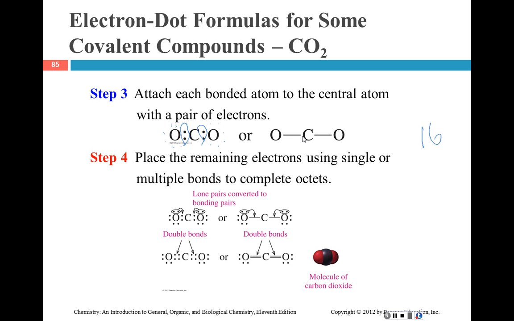Now, there's a problem, because carbon does not have 8, it only has 4. So what you have to do is bring a shared pair from each of these oxygens over so that you can share those with the carbon, and that gives you 8 around the carbon and 2, 4, 6, 8 around each oxygen.